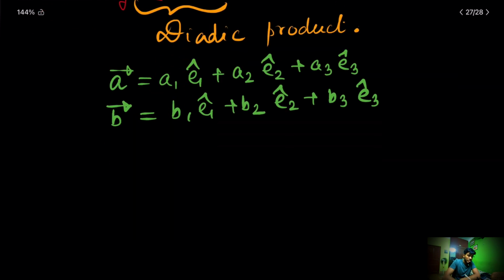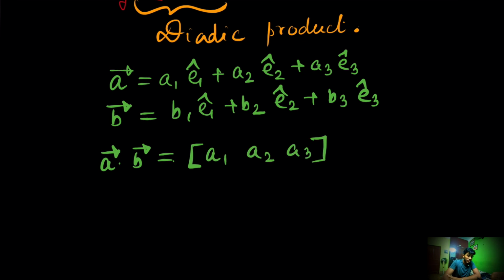If I have that, then A dot B is A1 B1 plus A2 B2 plus A3 B3, right? So that will be a single scalar entity, right? If I have to write that as a matrix quantity, that is A1 A2 A3 and B1 B2 B3, okay.